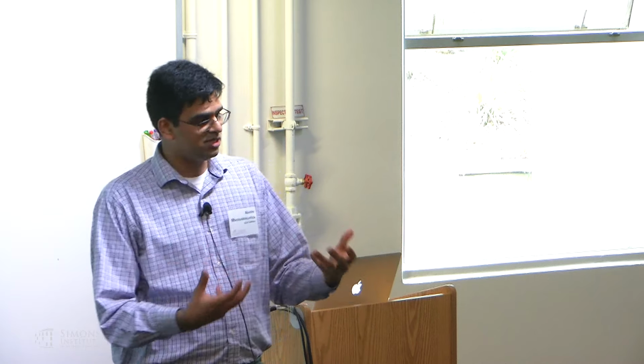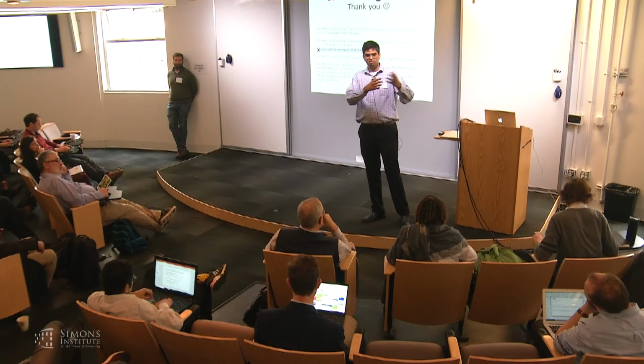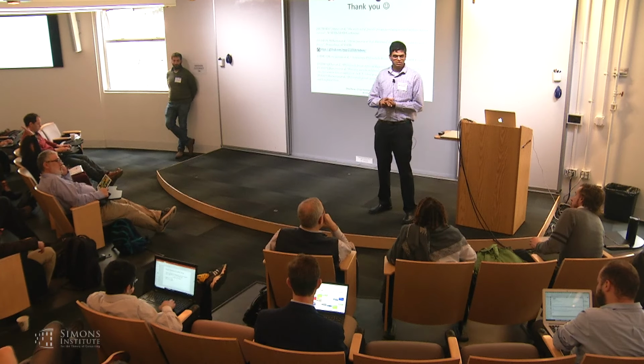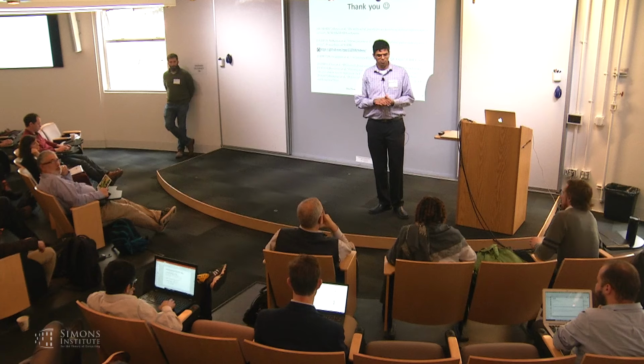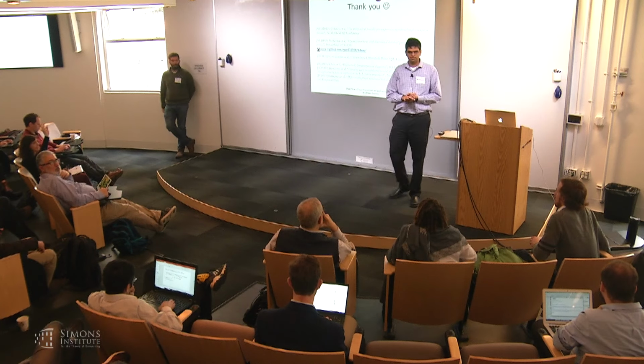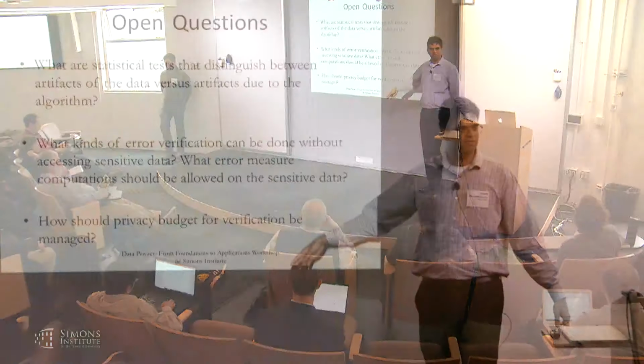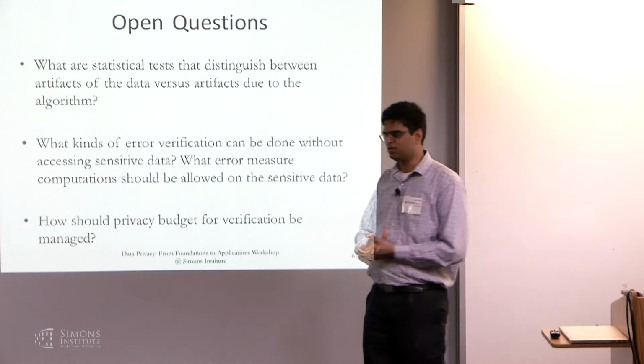If we are not able to estimate the error in a data-independent fashion. One option is if they're able to give sufficiently good estimates of error and bias without looking at the true data, that's great, right? In this case, we were not able to, and so we had to add this additional loop. Of course, it raises questions as to how you manage your budget with the verification. Those are all good questions.